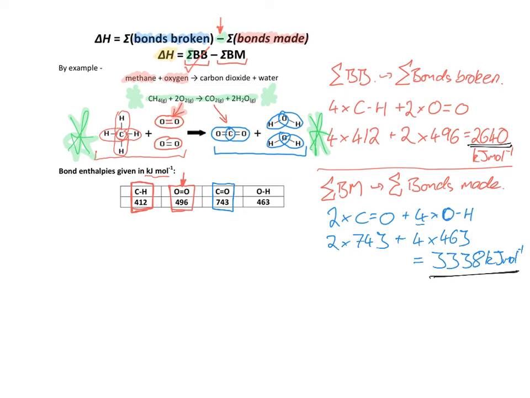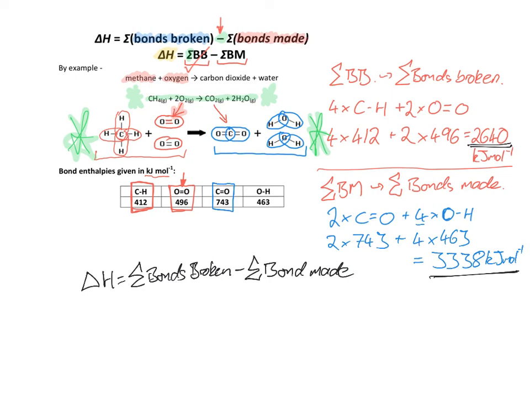Let's just work that out in full though. Delta H equals sigma bonds broken. I know this is written at the top. I don't care that this is written at the top, because in an exam it wouldn't be written at the top. And you would need to write it in so the examiner knows what you're using.